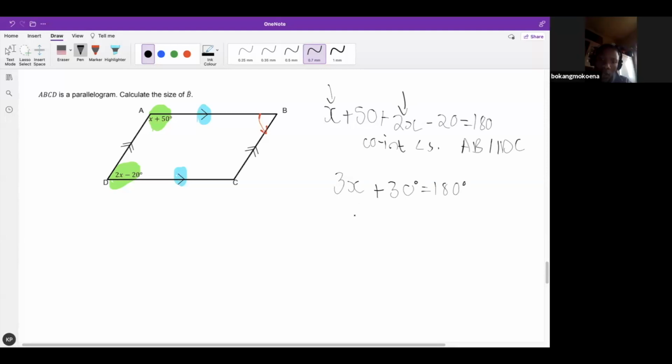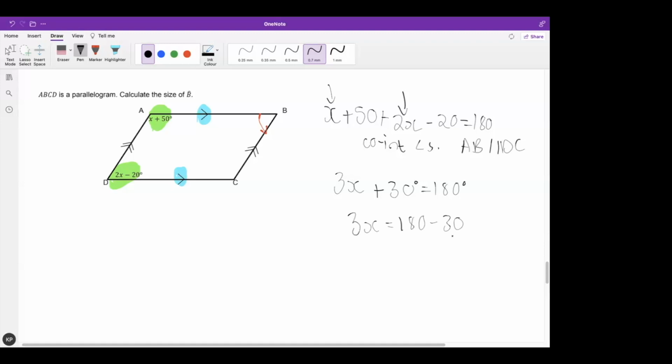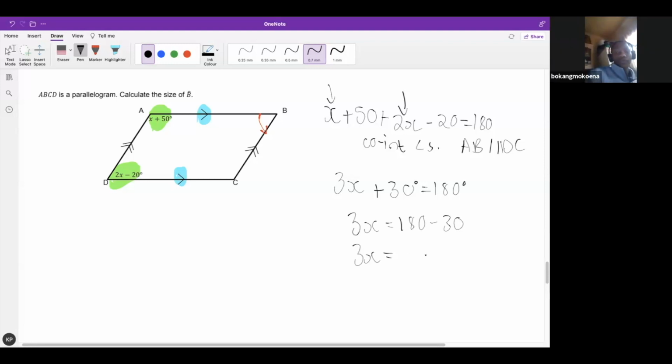3x is equal to 180 minus 30. How much is it?